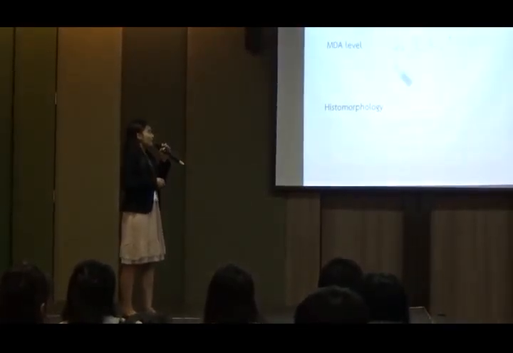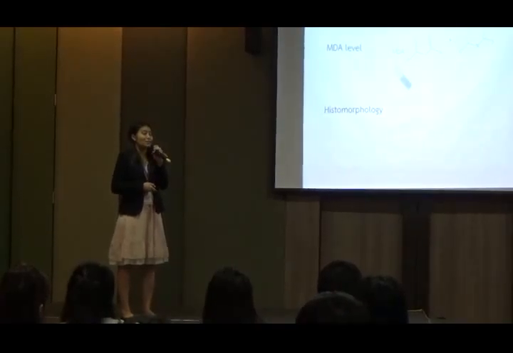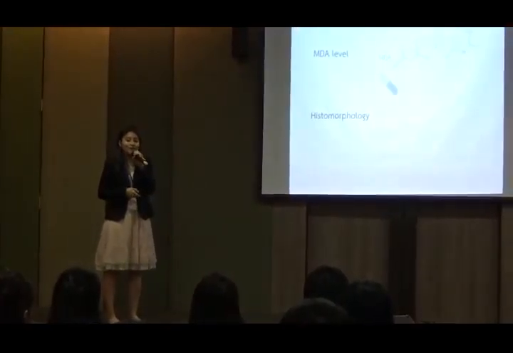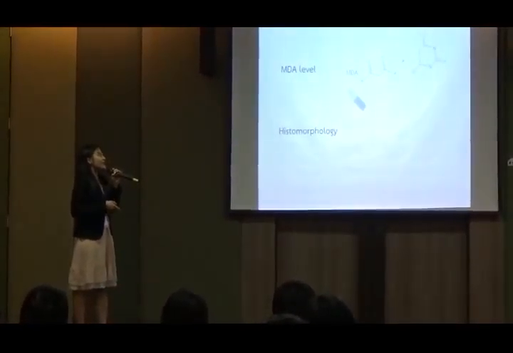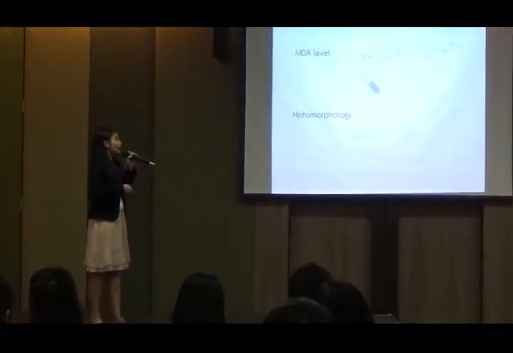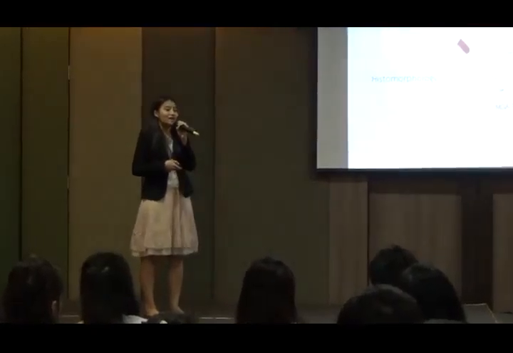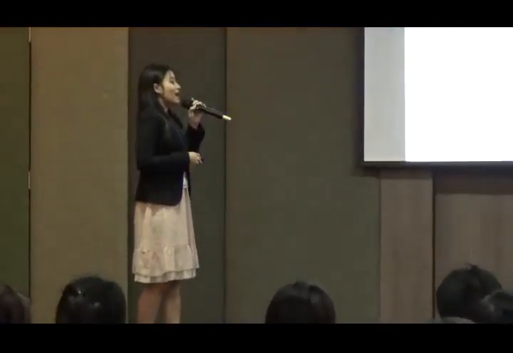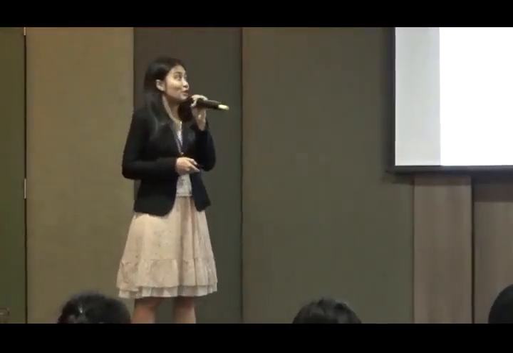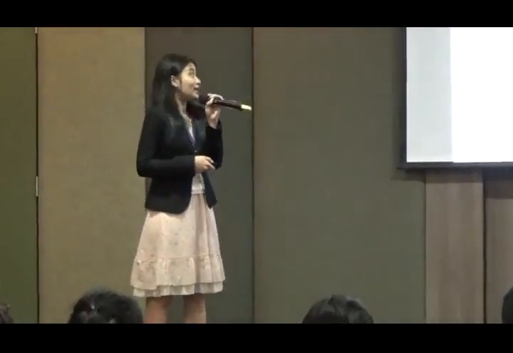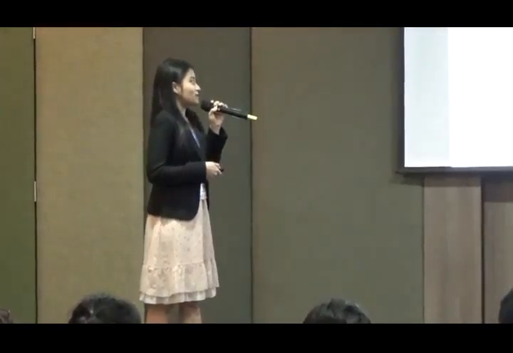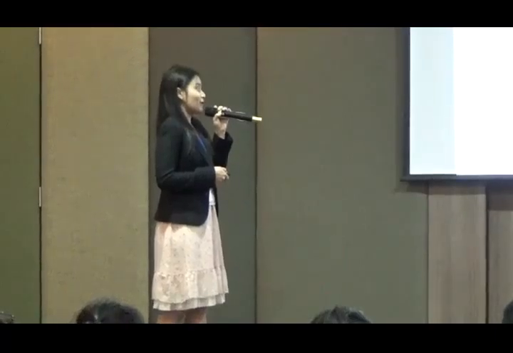MDA formation can be measured by adding thiobarbituric acid, or TBA, which combines with MDA to give a pinkish color that can be analyzed using spectrophotometry, and histomorphology can be examined under a light microscope. And next are the results of this study.